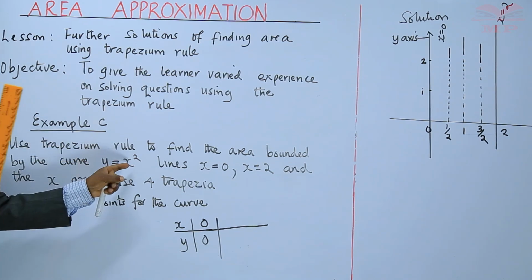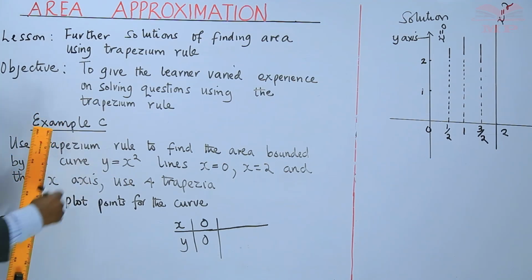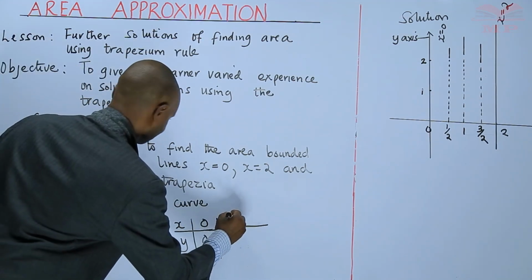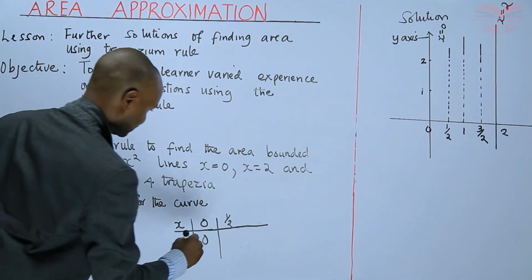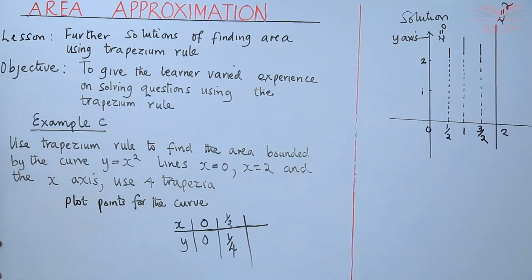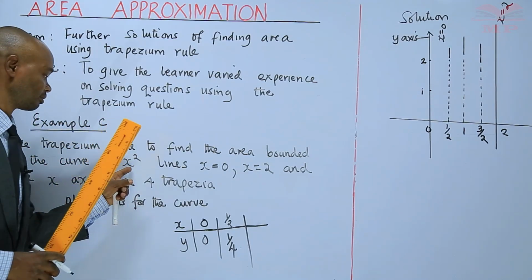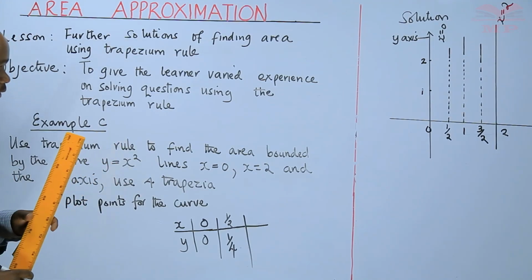When the value of x is a half, what will I get? A half squared, so it will be a quarter. So when the value of x is a half, the value of y will be a quarter. Is that correct, learner? Yes.